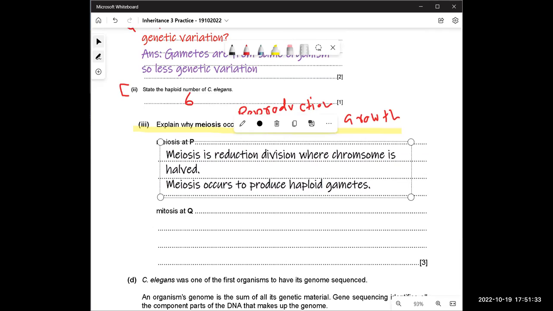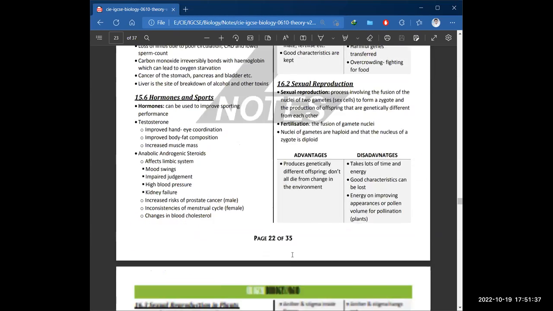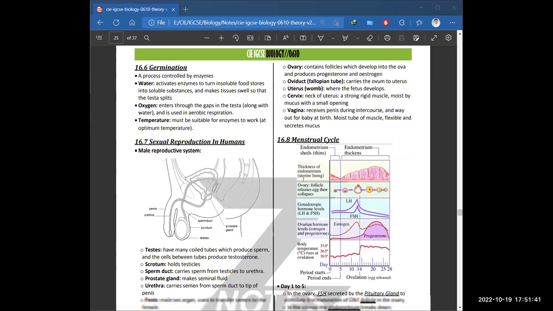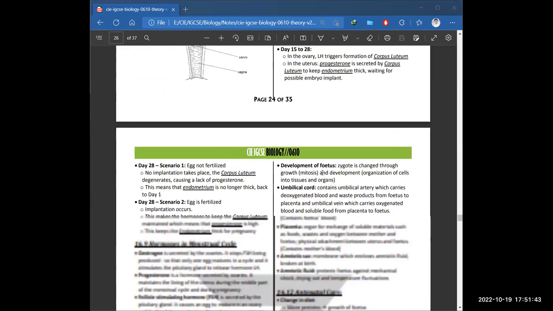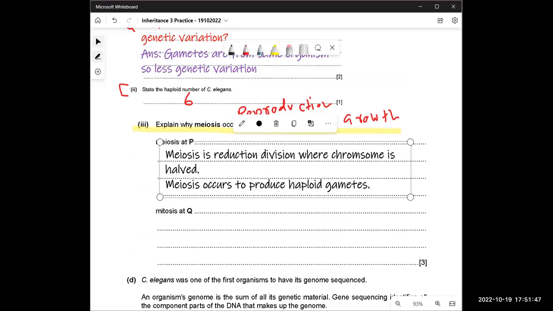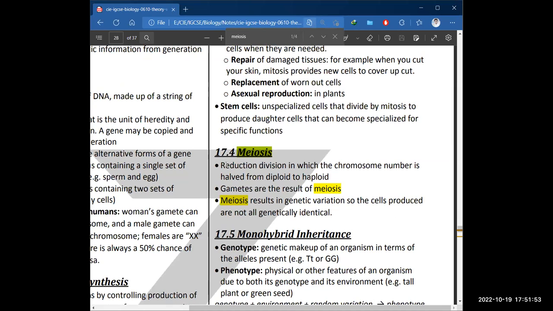Can you see the notes here on the board? Yes. Now look at meiosis. If you go over here, you'll find meiosis, reduction division in which the haploid number is half from diploid. Memorize it. Gametes are the result of meiosis.